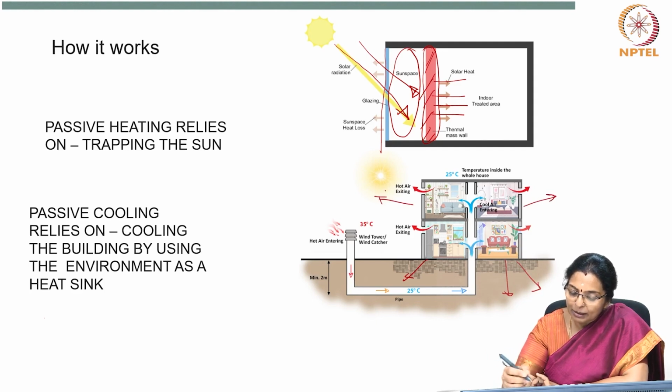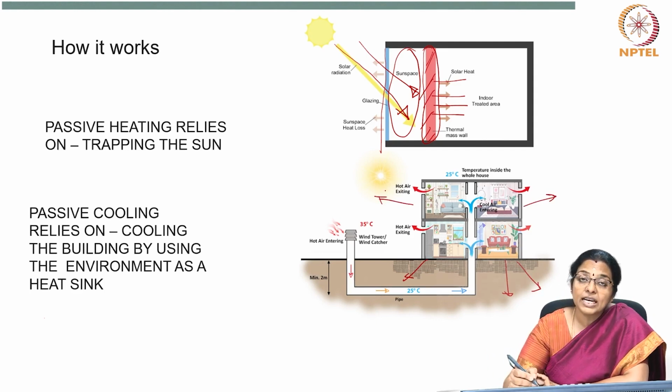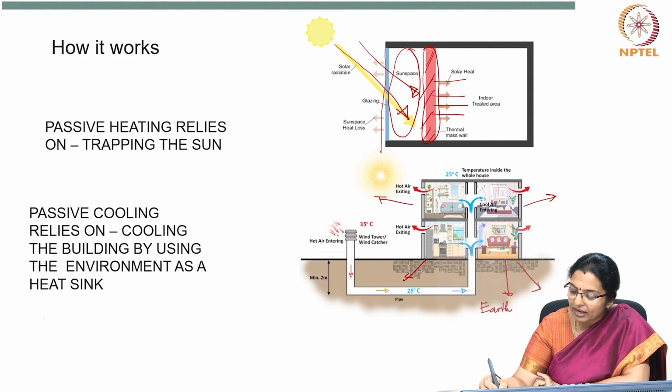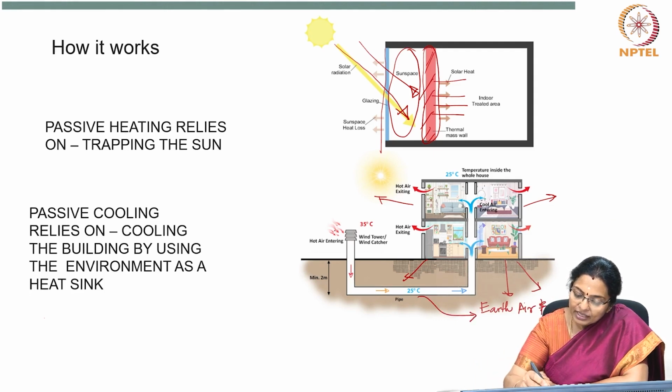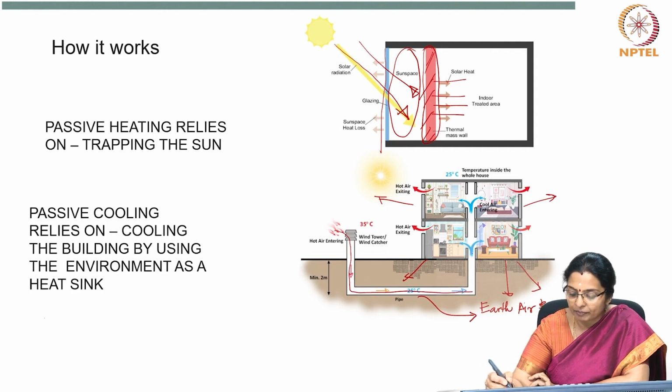Here is an example, which is called an earth-air tunnel. This is a combination of many passive techniques. One of these is the earth-air tunnel, where you have a wind catcher which catches the wind and flows it through a pipe which is buried underground.